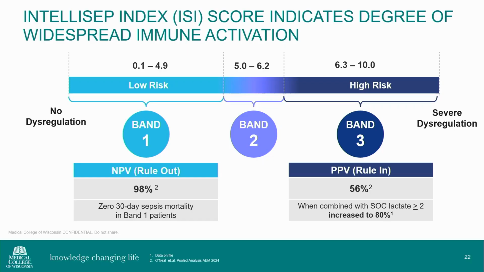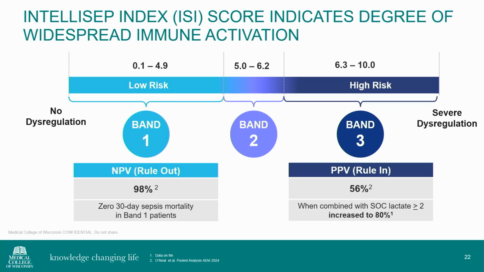Band 1 are those low-risk patients. I'm hoping all of you, if we tested you today, would be in the low-risk population. Band 3s are high risk. These are patients at risk of severe immune dysregulation or significantly at risk of sepsis. And Band 2, because these patients all present on a continuum, are kind of those patients that we don't really know what to do with.